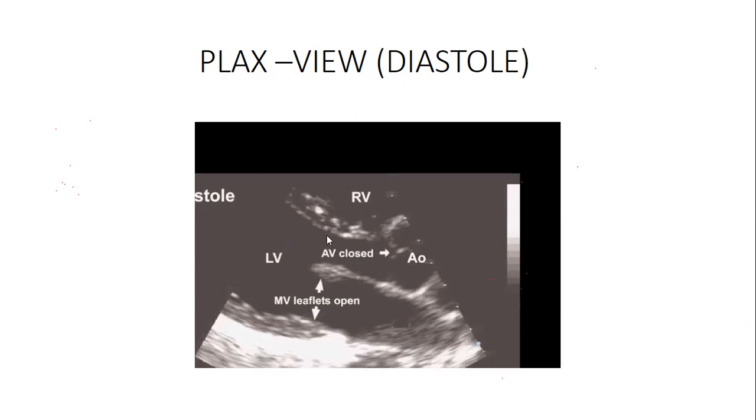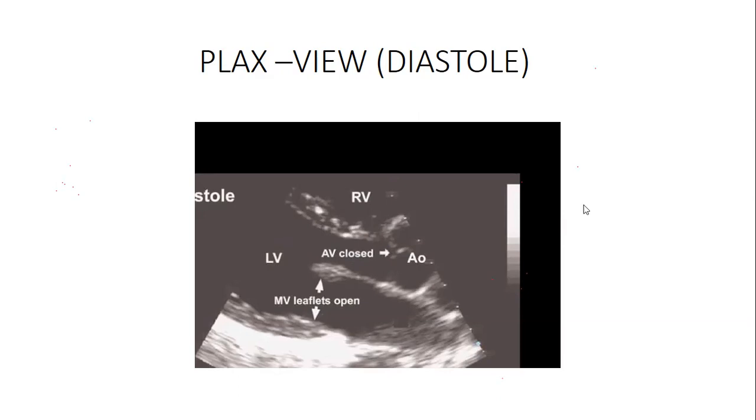And from this part up to here is the LVOT, the left ventricular outflow tract. I'll explain what that is. So you are going to see the right ventricle, the left ventricle, the mitral valve, the aortic root, the left atrium, and the descending aorta. I'll still show you where it is.